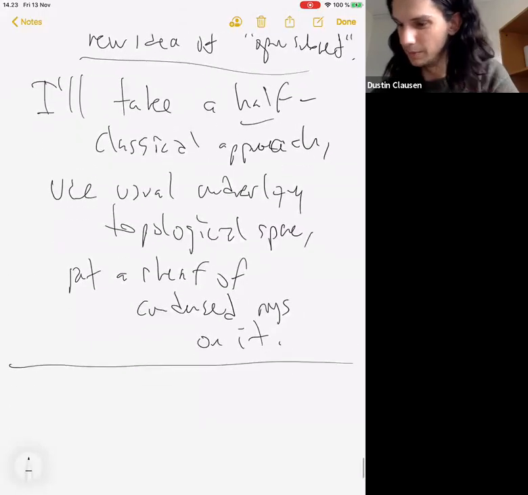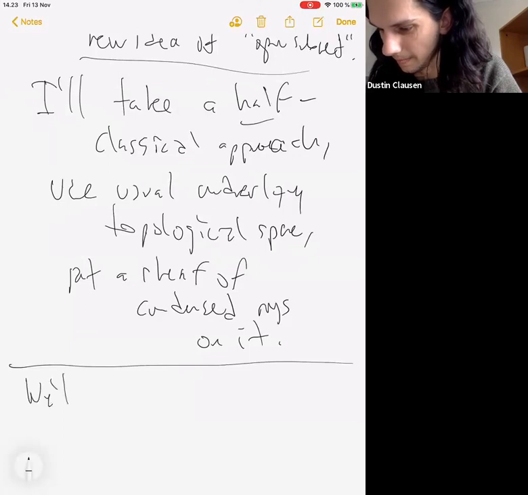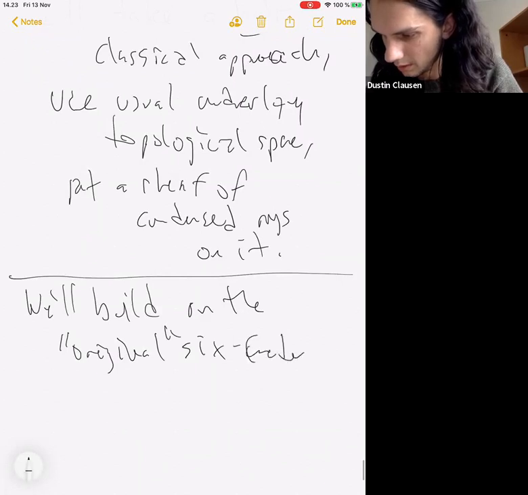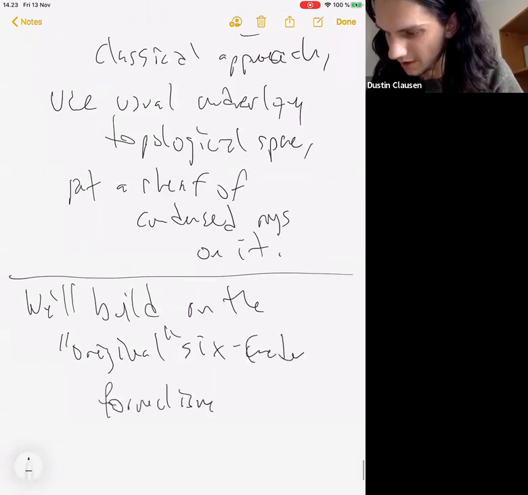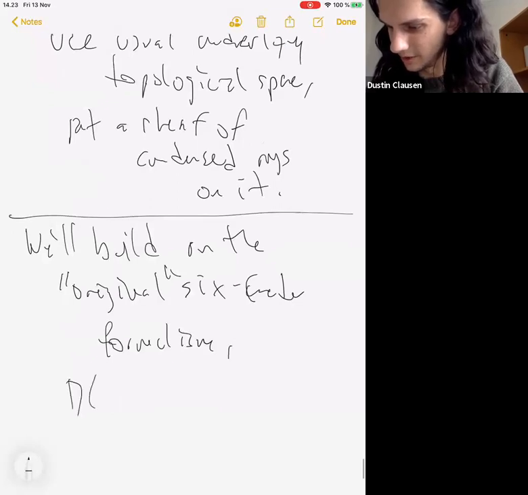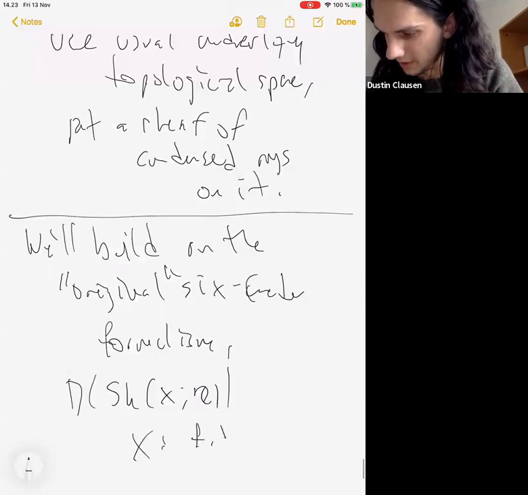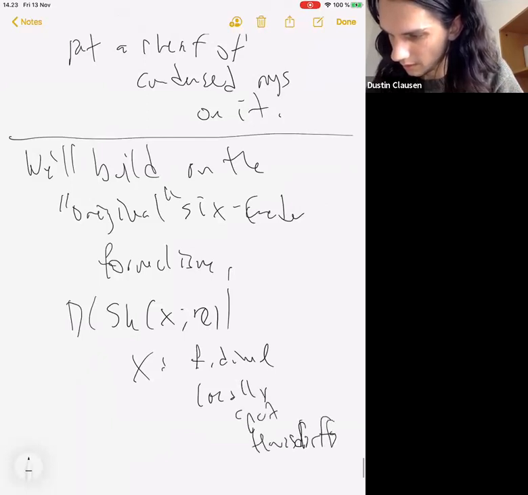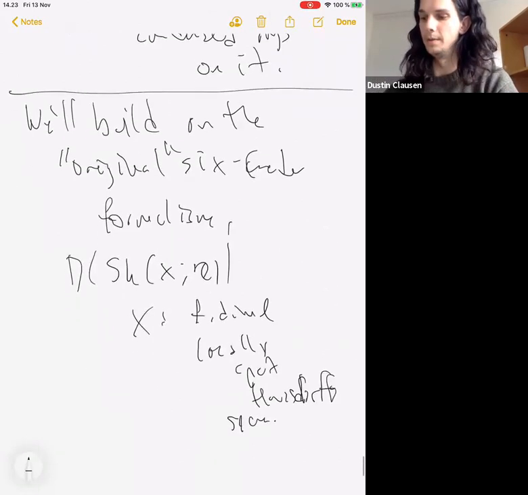So in fact, it actually will build on the original 6-functor formalism, for derived categories of sheaves of abelian groups on X, a finite dimensional locally compact Hausdorff space. So this is now just sheaves of ordinary discrete Z-modules.